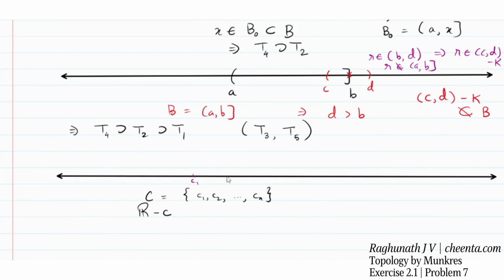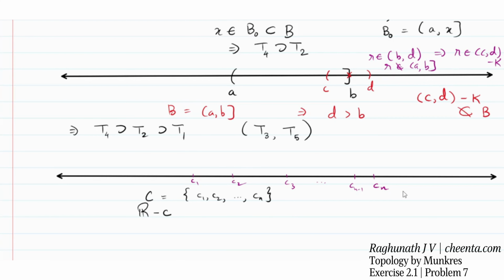So let us take C1, C2, C3 till you have Cn, and you take the complement of that, which are these intervals, and like this, these intervals, or the complement, say Cn minus 1, and like that.